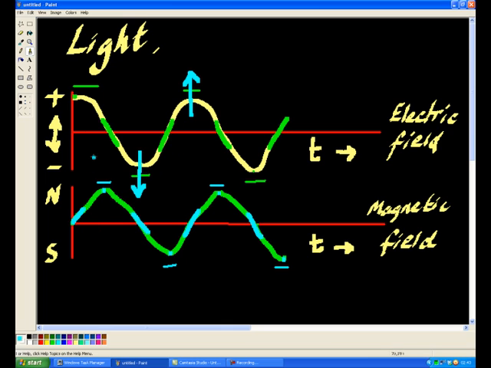So from this, we can see that the electric field creates a magnetic field, and then the magnetic field itself actually makes the electric field stronger. And because the electric field becomes stronger, then the magnetic field becomes stronger. Right?